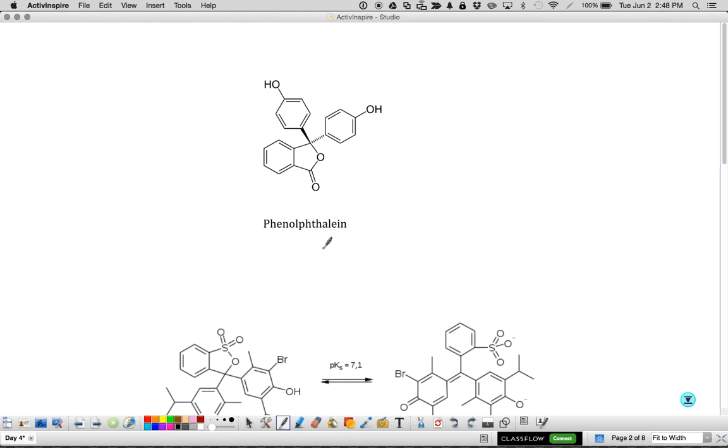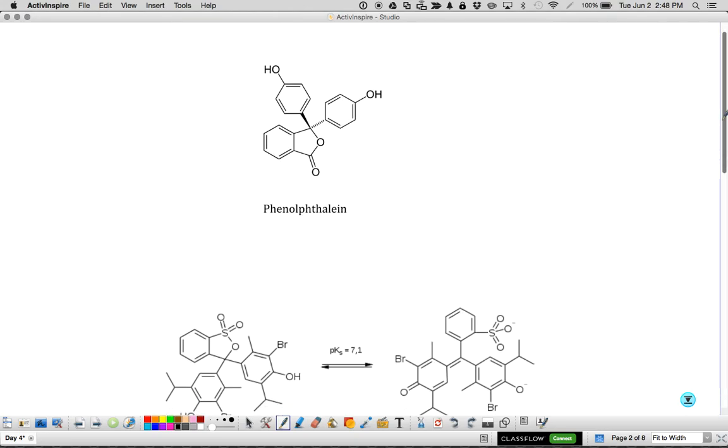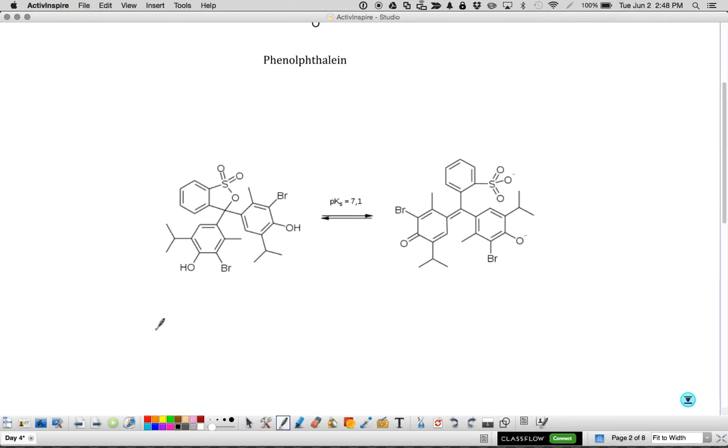So this is phenolphthalein, okay, and it's actually diprotic. It can lose this proton and it can lose this proton, okay. This is bromthymol blue, okay, and again, this is another diprotic weak acid.